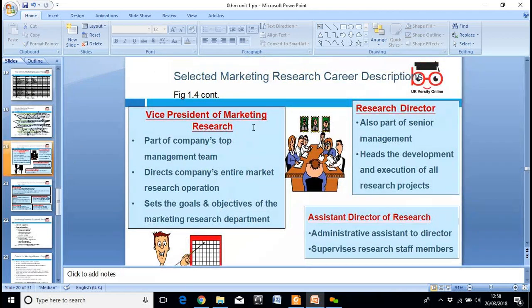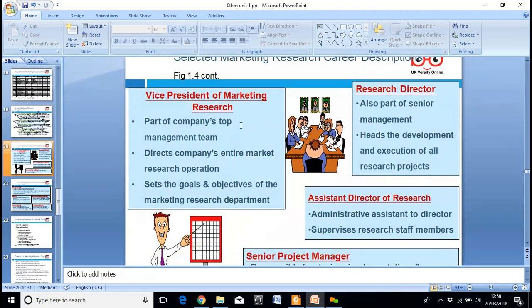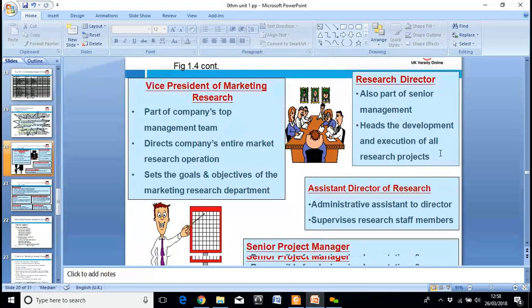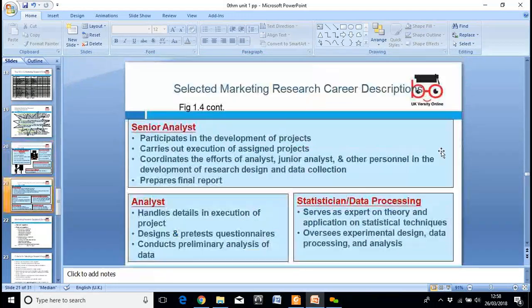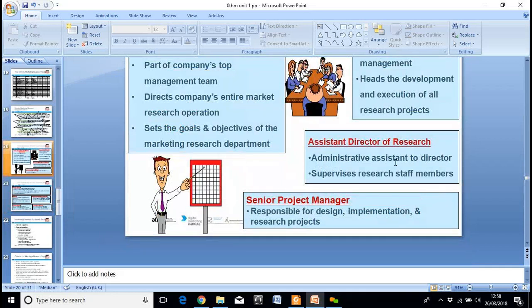Just to highlight those, it's again the VP, part of the company's top management team. Again, also senior management, development and execution of projects. Administrative assistant, supervises staff members, responsible for the design, implementation and research projects together.